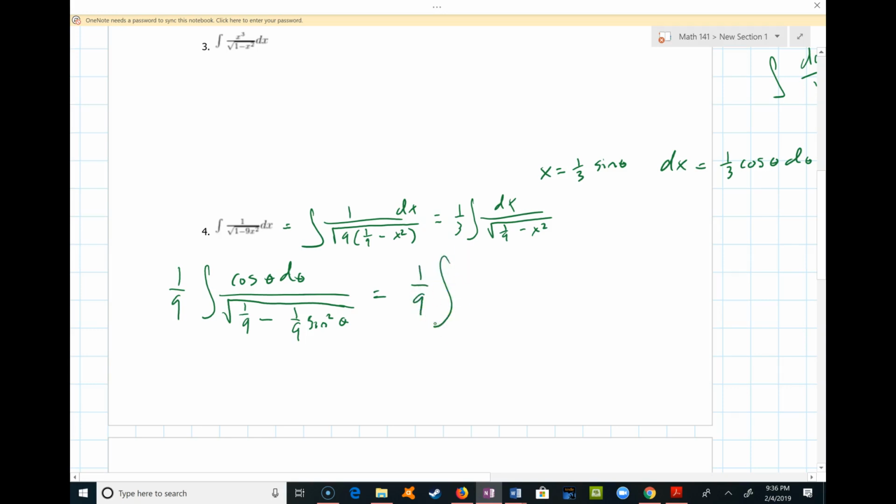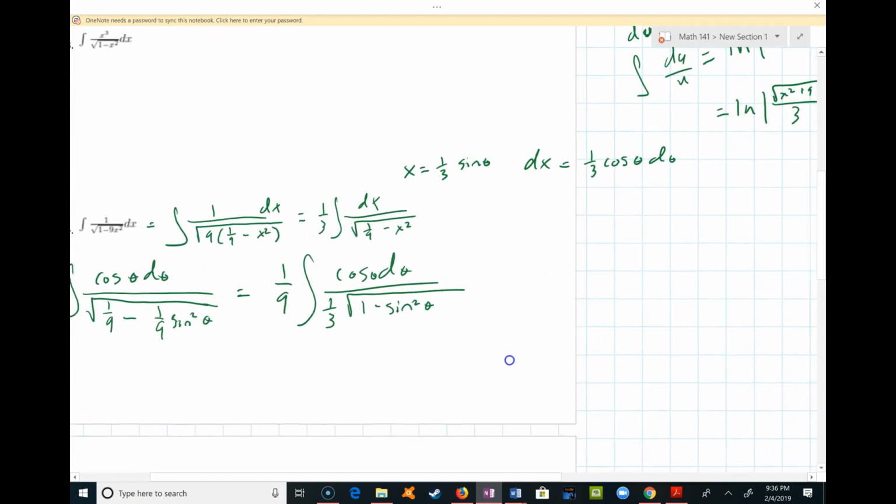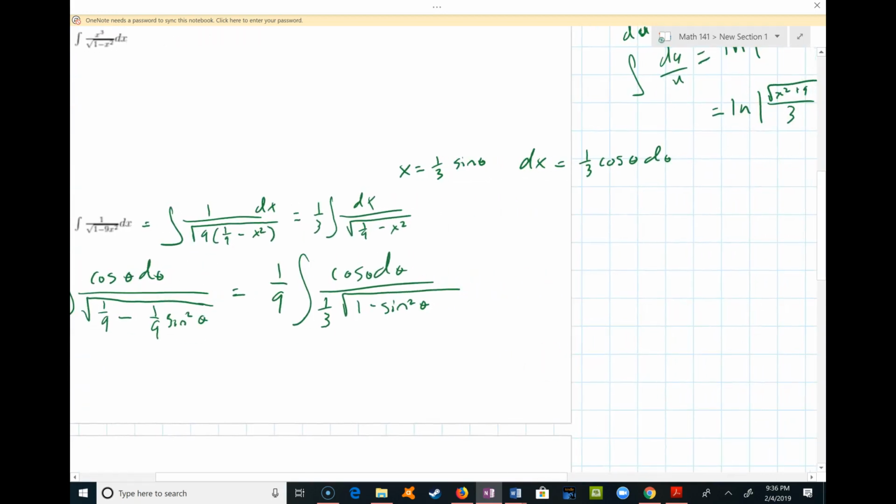You can see there's a similar pattern to all of these. We're going to have a cosine theta on top. On the bottom, you're going to factor out a 1/9, which when we take it out of the square root will be a 1/3. And inside the square root, we're going to have 1 minus sine squared theta, which of course is cosine squared. 1/9 divided by 1/3 is actually going to be 1/3.